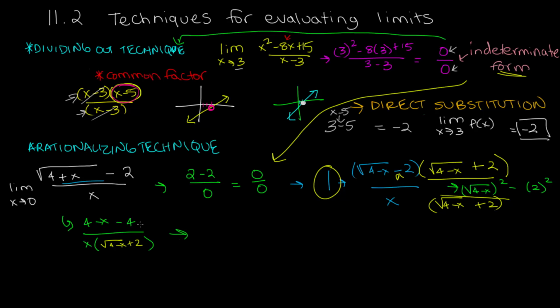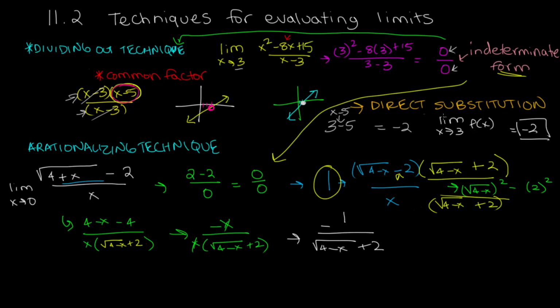We can further simplify this: 4 minus 4 is equal to 0. And so we have negative x over x times the root of 4 minus x plus 2. The x's essentially cancel themselves out. So we're left with the simplified version, negative 1 over the root of 4 minus x plus 2.